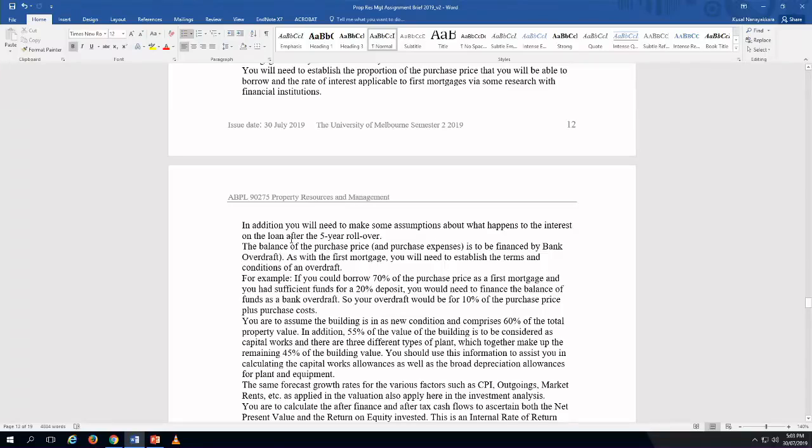Are you paying another interest-only loan, or do you pay the loan repayment with the principal amount for the second 5 years? The balance of the purchase price and purchase expenses is to be financed by bank overdraft.